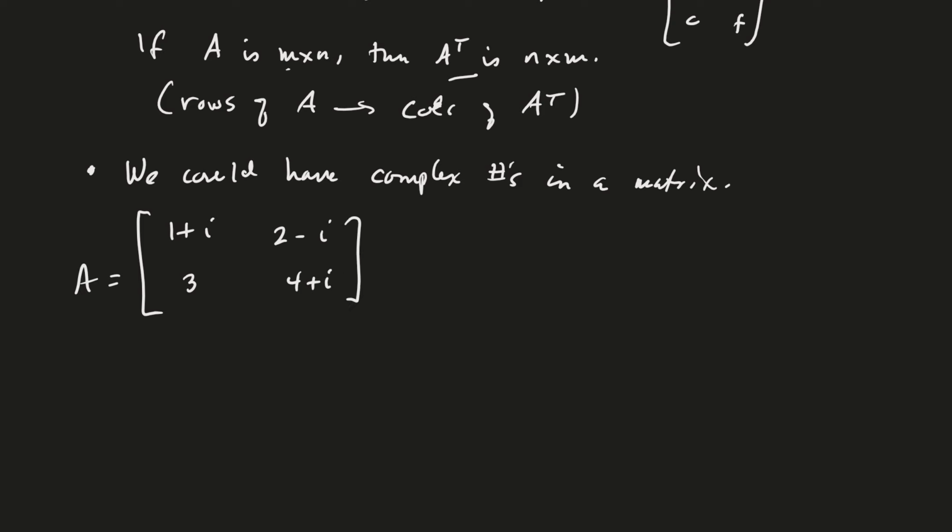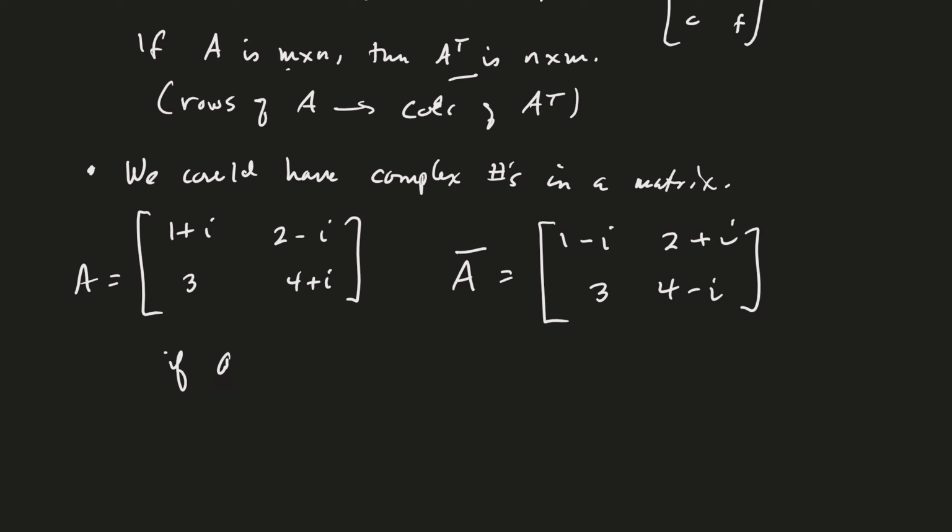In that case, you could take the complex conjugate of A. The complex conjugate is just found by taking the conjugate of each number. Do you remember how to do those? If z is equal to a plus ib, then z bar, the complex conjugate of z, is a minus ib.